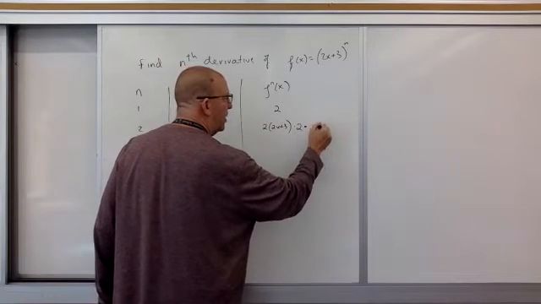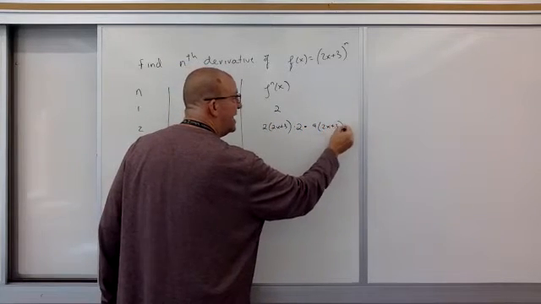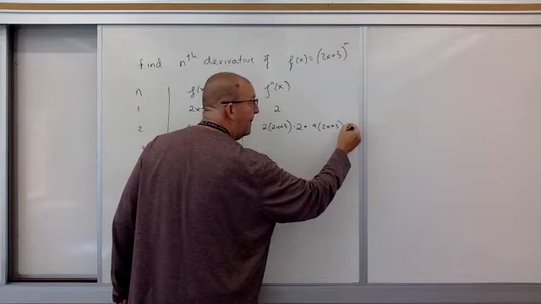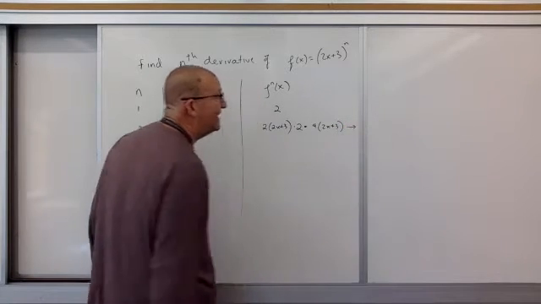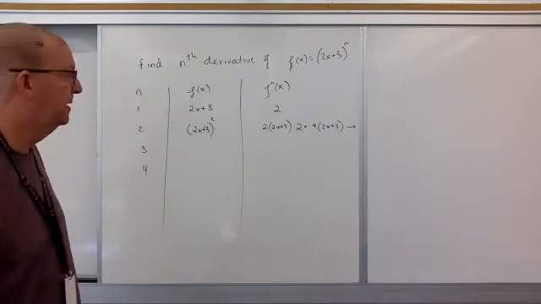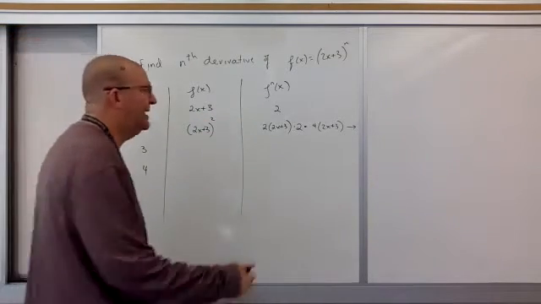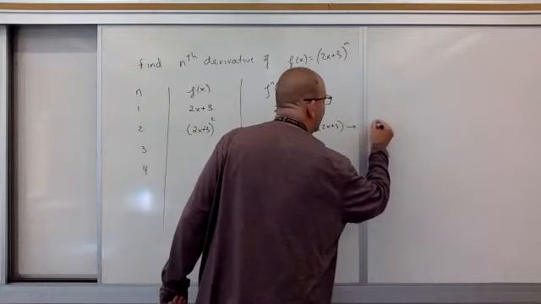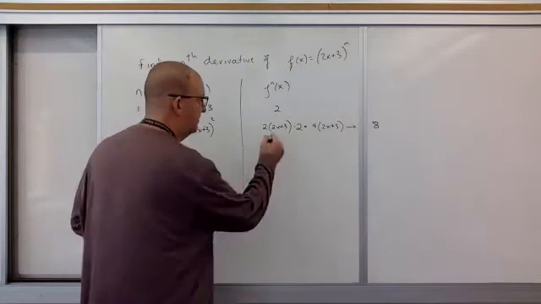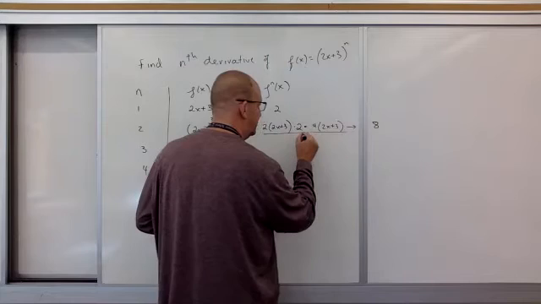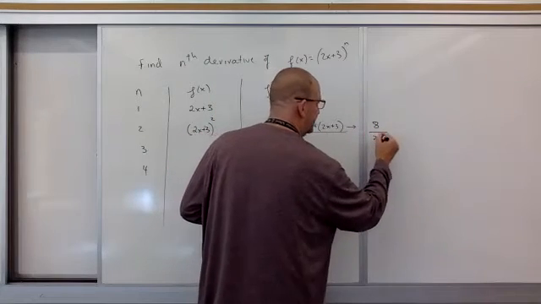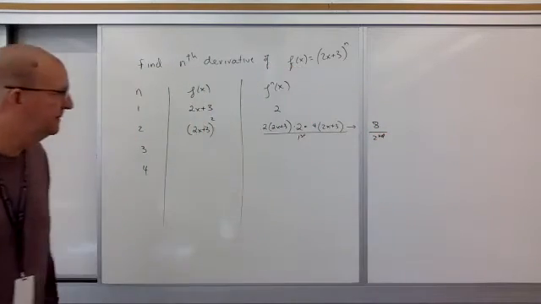So that's 4 times (2x plus 3). But now we have to get to the second derivative. What's the derivative of 4 times (2x plus 3)? Oh, that's 8x plus 12. So that derivative is 8. Why don't we underline this? This is the first derivative. There's the second.